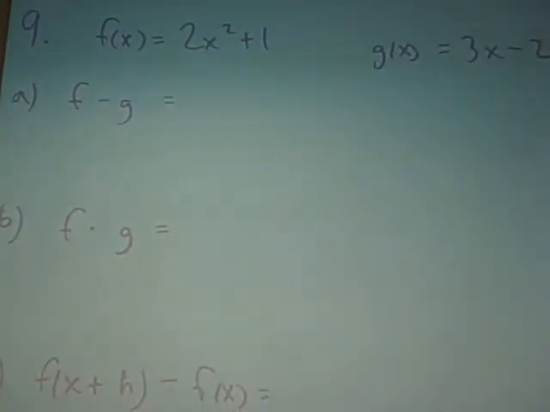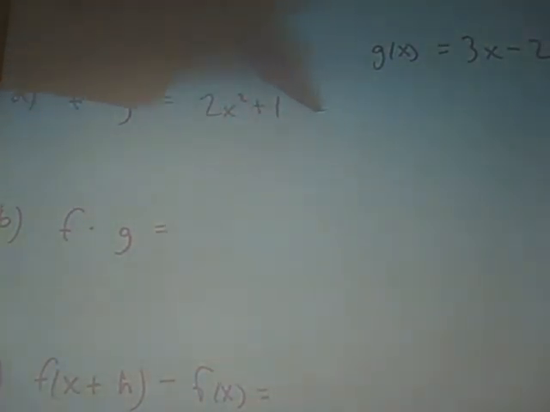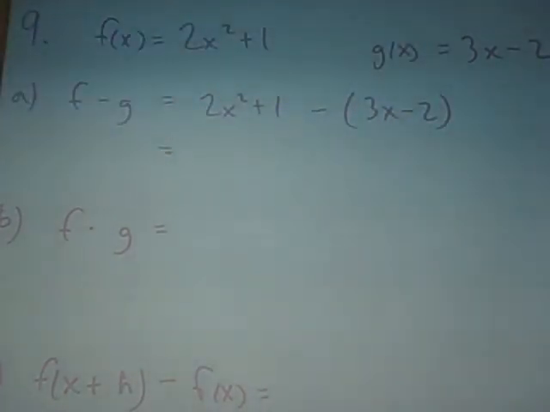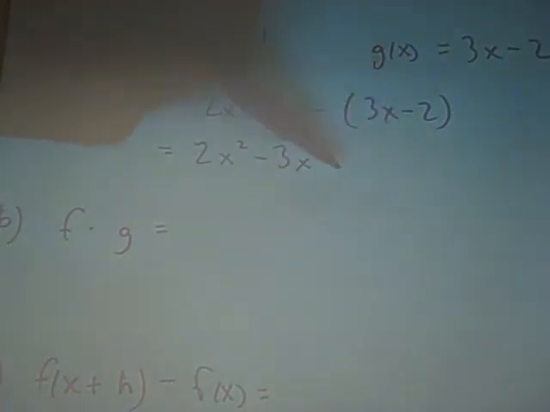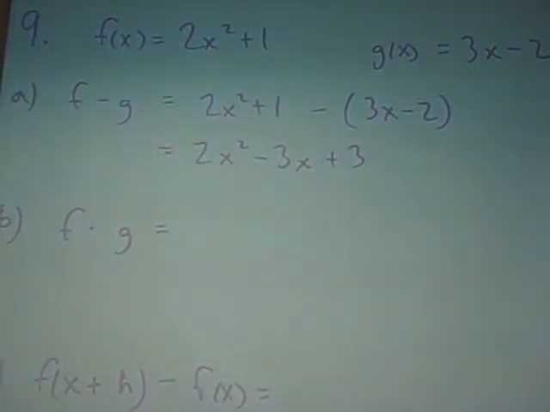Alright, and number 9, they give us a function f and a function g. F minus g is 2x squared plus 1 minus, now you have to distribute the 3x minus 2. Common mistake there is to not do that. So you get 2x squared minus 3x, and then 1 minus negative 2 is 1 plus 2 or plus 3. So that's the function there.